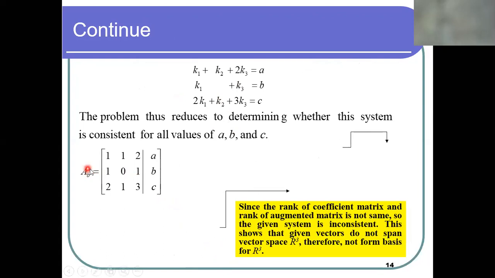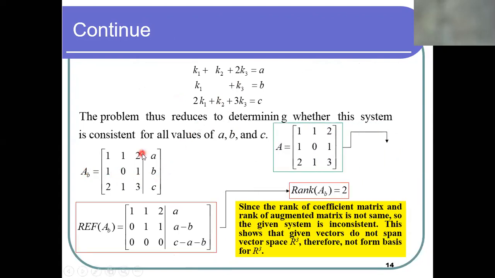So this is the augmented matrix, and we reduce it into row equivalent form, using the echelon or reduced echelon form.